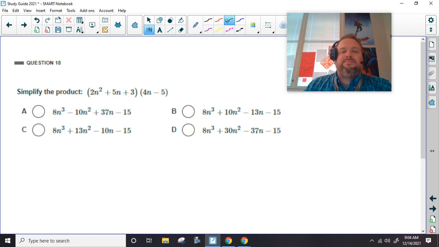Now, this is where you can have the double distributive or the box method.